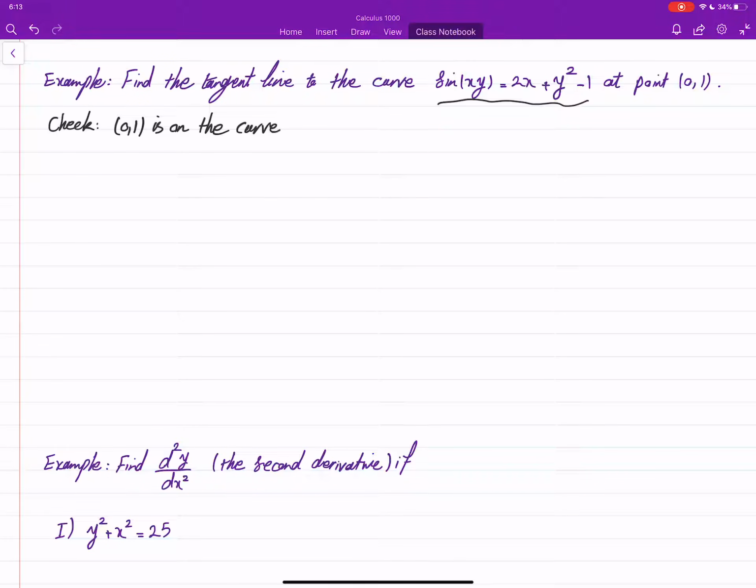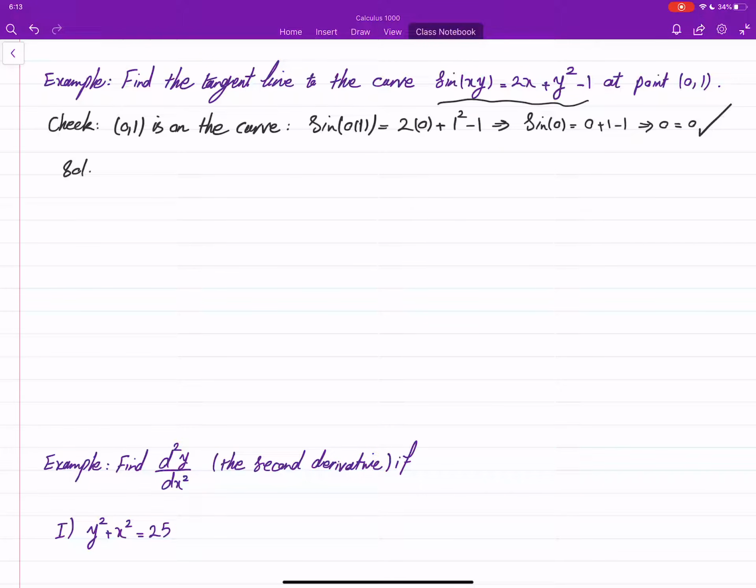That means when you plug in x equal to 0 and y equal to 1, the equation is satisfied. As you can see, this is sine of 0 equals 0 plus 1 minus 1, which is 0 equals 0, and that means yes, (0, 1) is on the curve.